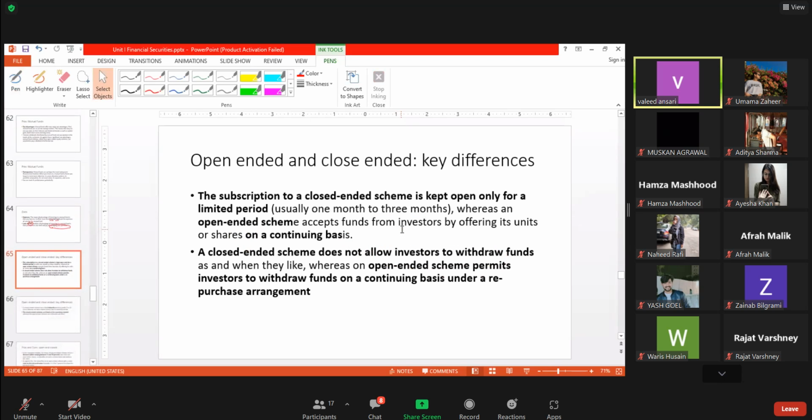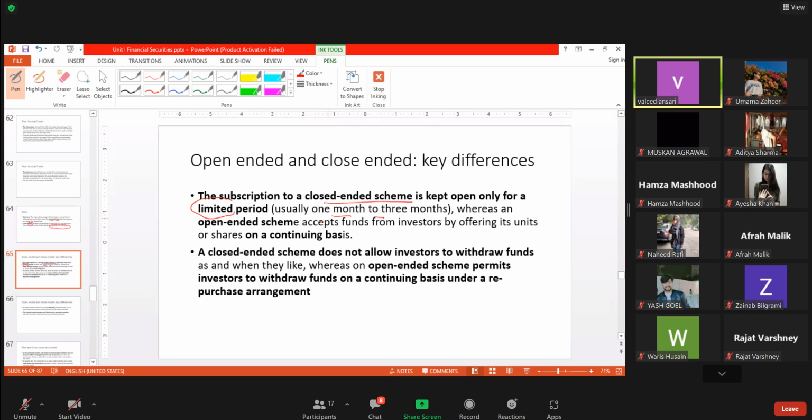Now, mutual funds can also be classified on the basis of two types of schemes. One is called closed-ended. Closed-ended means that its subscription is open for a certain limited period, 1 month or 3 months. Whereas open-ended means there is no end to it.